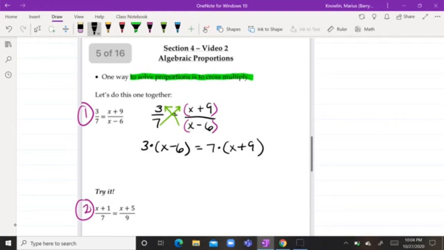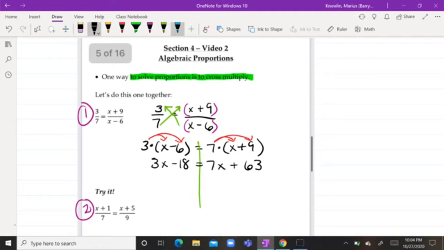And now we can go ahead and solve our equation. Distribute on both sides. So now this becomes 3x minus 18 equals 7x plus 63.